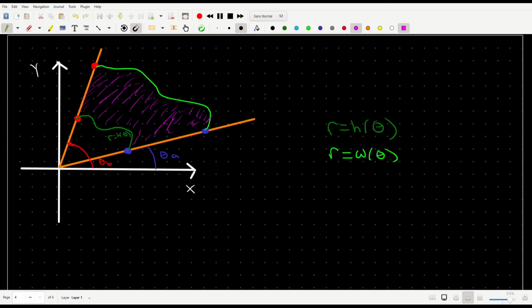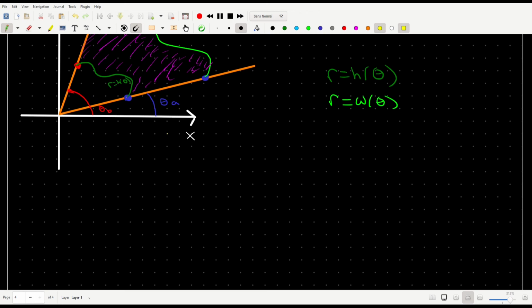And there's no real trick here. We know that the area bounded by the outer polar curve, w of theta, is equal to the integral from theta a to theta b of w of theta squared over 2 d theta.